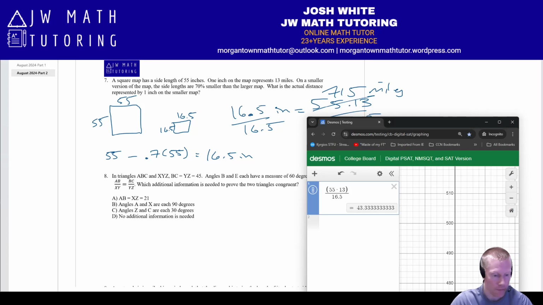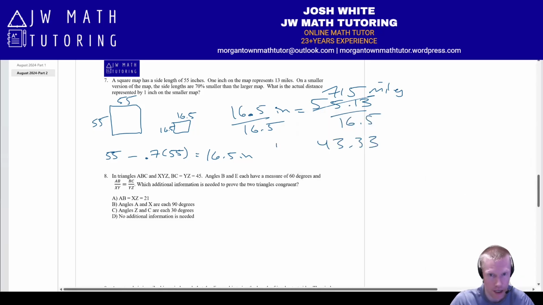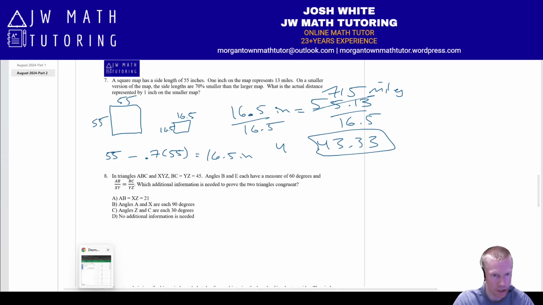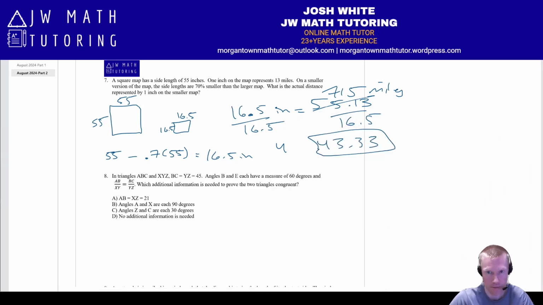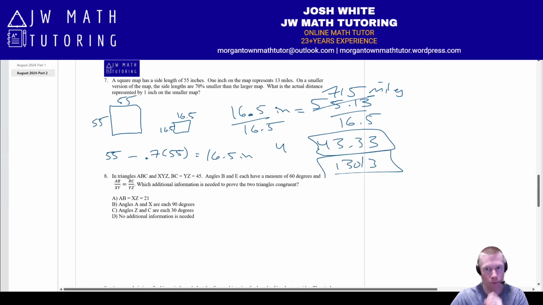Yep, 43.333 repeating. So you could put the answer in as 43.33. Let me see if there's a simplified fraction. Easy simplified fraction? Yeah, you could also do 130 over 3. Okay, so 43.33 or 130 divided by 3, either of those would be acceptable.